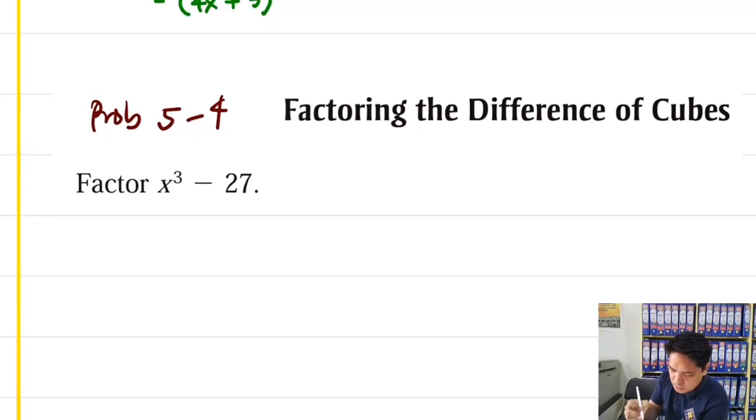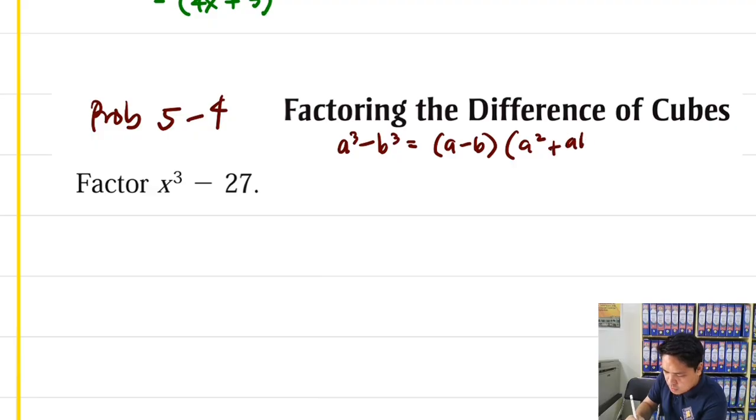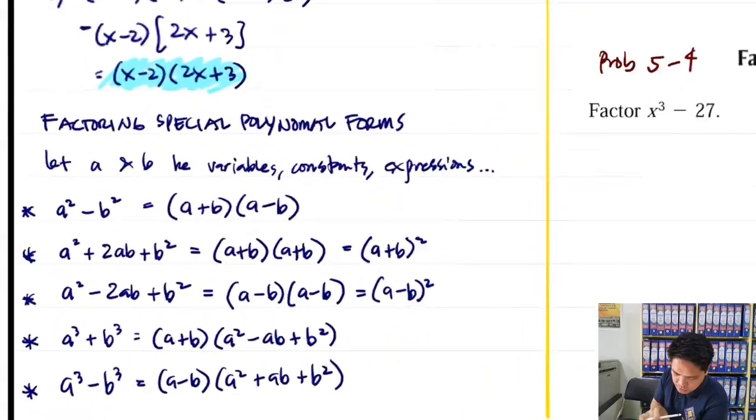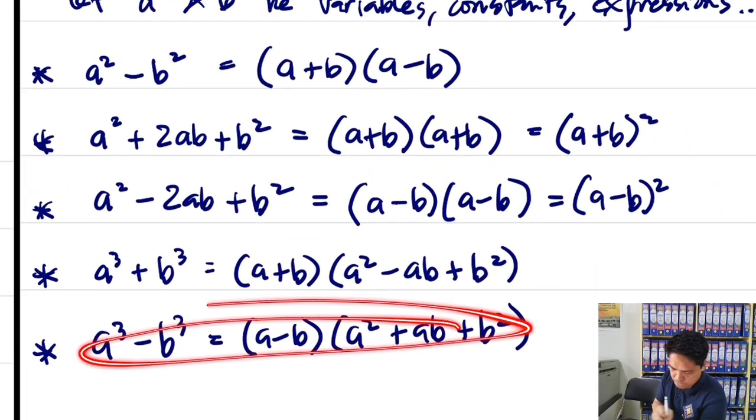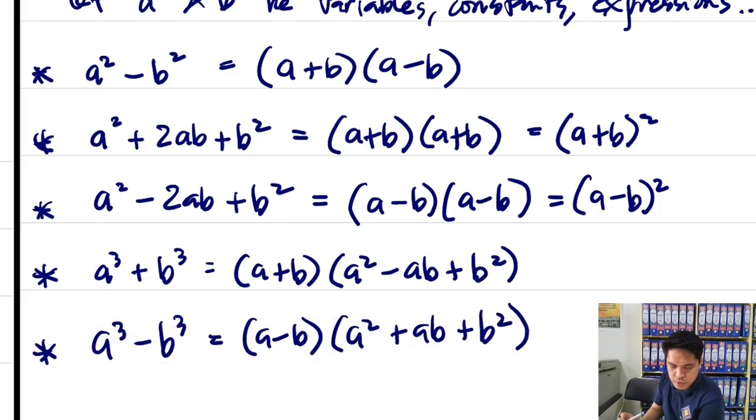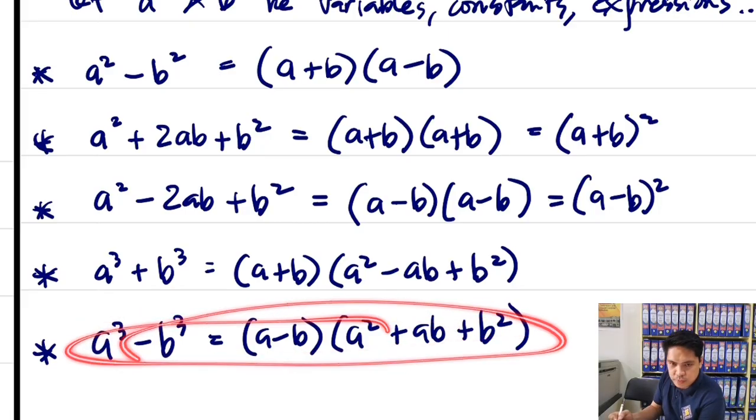So, for this particular problem, let us recall that the factor of a cubed minus b cubed is equal to a minus b times a squared plus ab plus b squared. That is this property. Okay? So you need to memorize this.